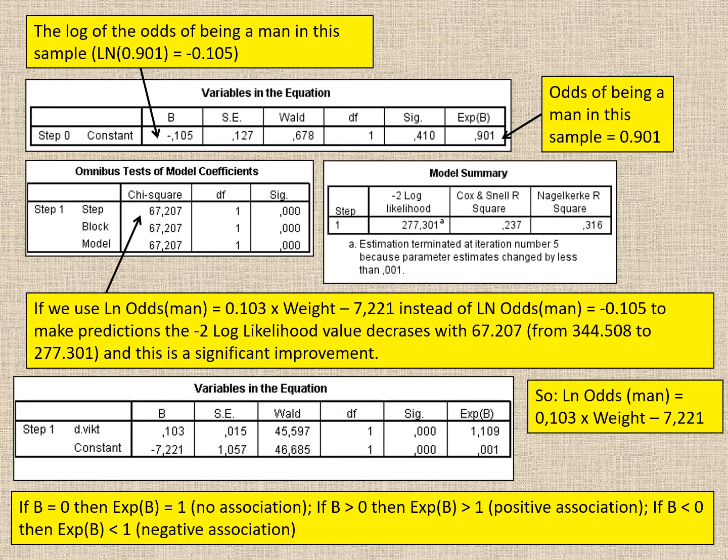So this value tells us that if weight increases by 1 kilo, the odds of being a man increases by 10.9%. So for every increase in the predictor by 1, in this case weight increases by 1, we multiply the odds with 1.109 in order to get the new odds. And if we multiply with this value, it's the same as it increases by 10.9%.